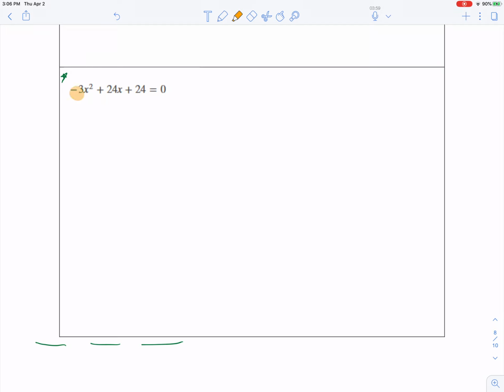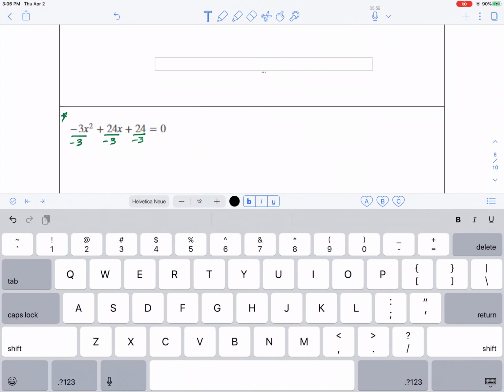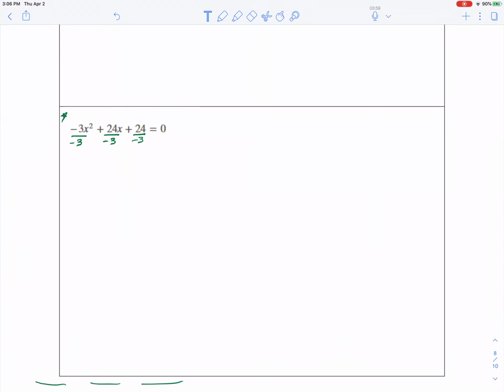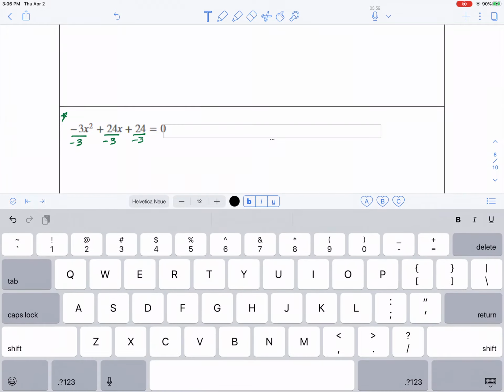So you see here, this lead coefficient is negative 3. And to get that turned into a positive 1, don't forget to divide this 0 by negative 3.